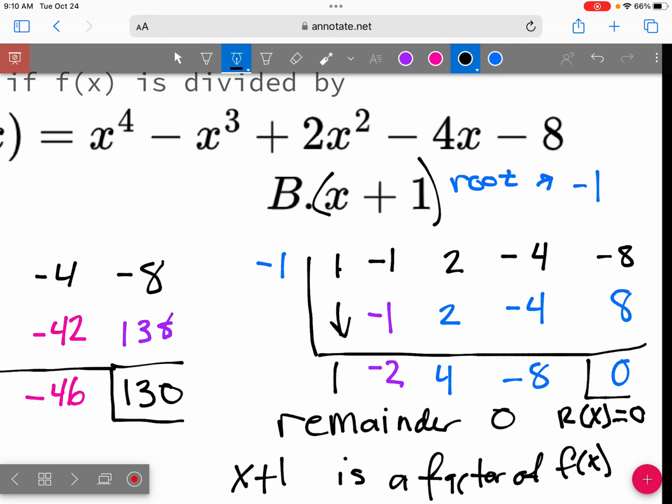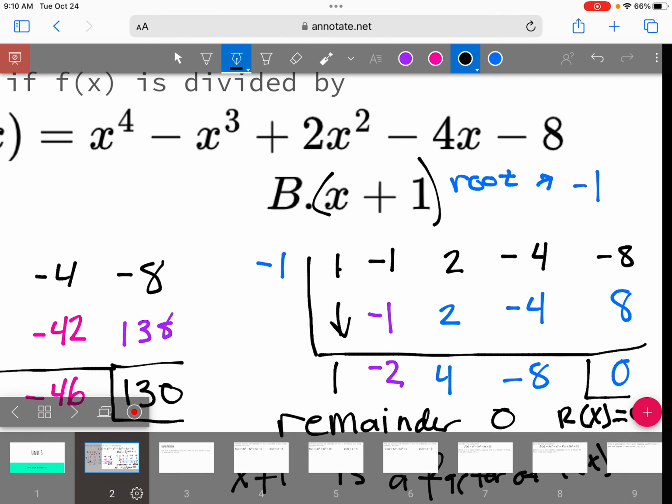So we could use that to help us start factoring these polynomials. Which is what we're going to start doing like tomorrow. We're going to keep working with the synthetic division and practicing with it, but the factoring stuff is going to start coming up, so we're going to kind of just build our way up to it.